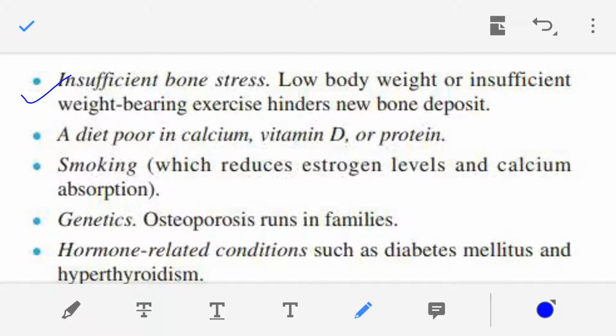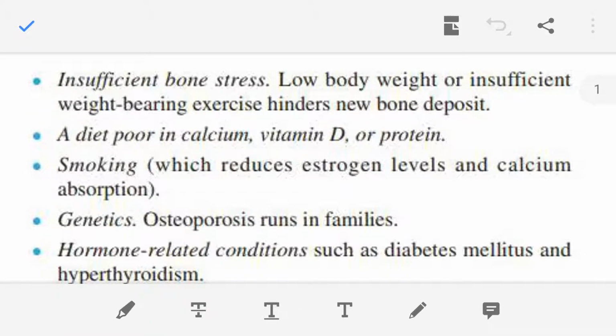Now what happens if a person has low body weight, or is not performing weight-bearing exercise, that means not going to the gym and not performing heavyweight exercise? It is possible that he or she will develop osteoporosis in the bones. Because if a person is not performing exercise, new bone deposit is going to stop.